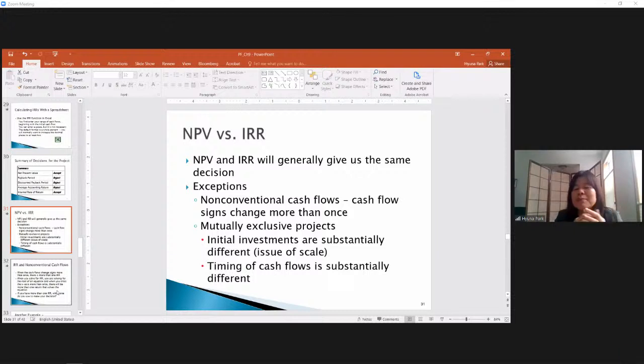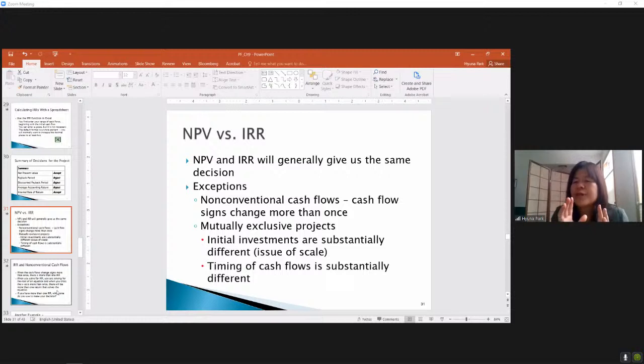What do I mean by a non-conventional project? A typical project we have used has an initial negative cash flow at the beginning, but later positive cash flows. You make an initial investment, a cash outflow now, and in the future positive cash flows. That's what I mean by conventional cash flows.